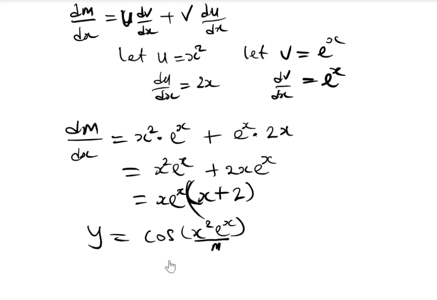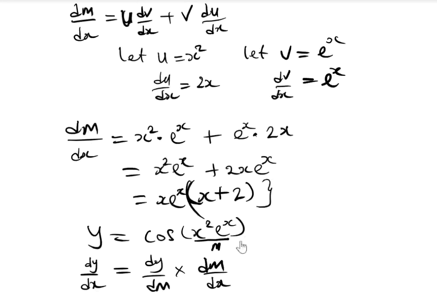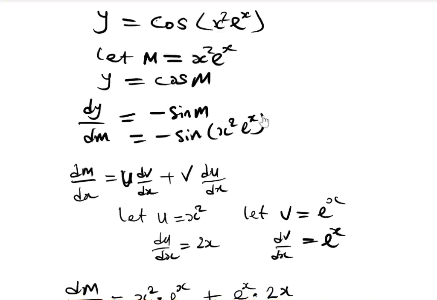And to solve this, we are going to use chain rule, which is dy/dx is equal to dy/dm multiplied by dm/dx. We have gotten our dm/dx to be this, and dy/dm to be this expression.